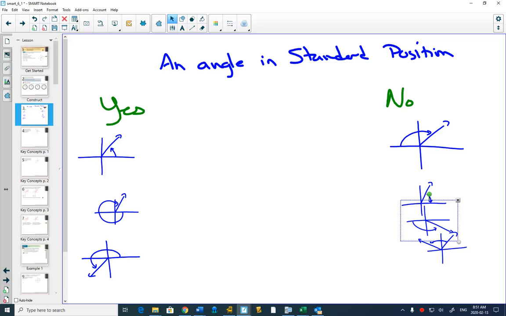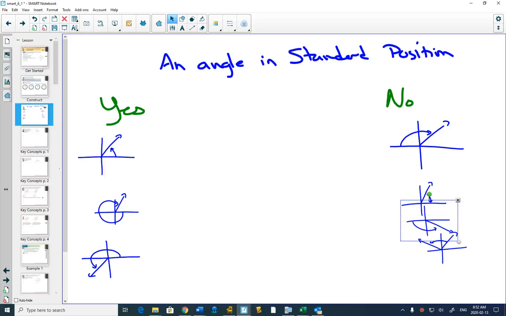No? Okay, what do you think for angle in standard position? Angles in standard position, and the measurement of degree is based off the positive x-axis. Okay, so the key thing that's in all of the ones on the yes side is they're all starting on that positive x-axis. Notice that I tried some from the negative x-axis just because before that your definition might have just said from the x-axis.